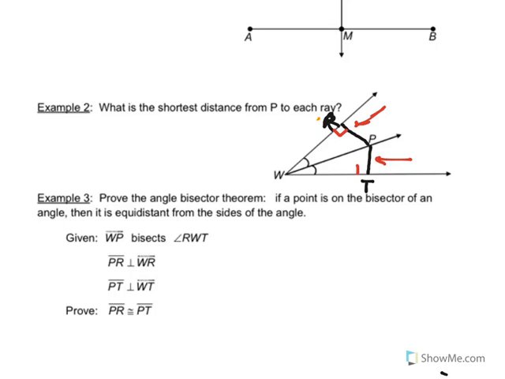And we've already been told that this is an angle bisector, so we know these two angles are congruent. And then we know by reflexive property that this is going to be congruent. So we can get these two triangles congruent, and then we can use CPCTC to show that these sides are congruent, and then we can prove that their distances are equal. Okay, so let's get to it.